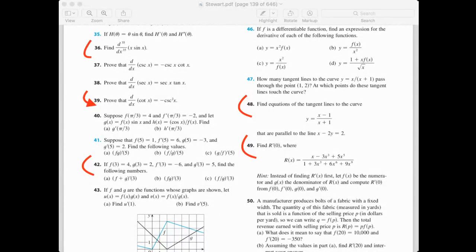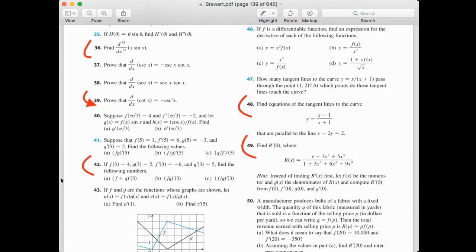I use the product rule first. So f prime of 3, which is -6, times g of 3, which is 2, plus f of 3, which is 4, times g prime of 3, which is 5.